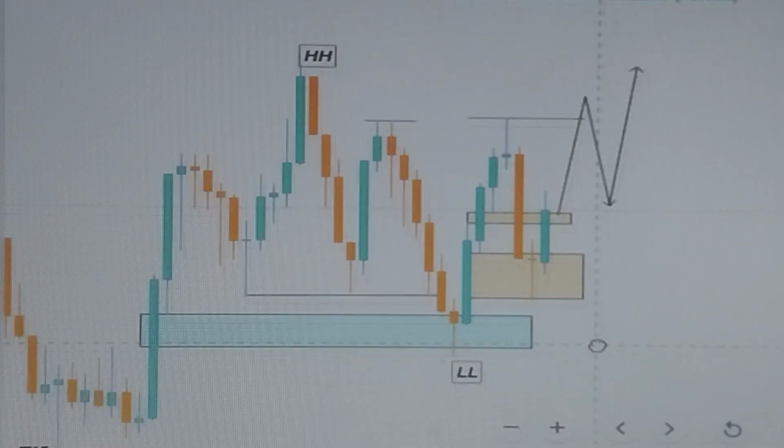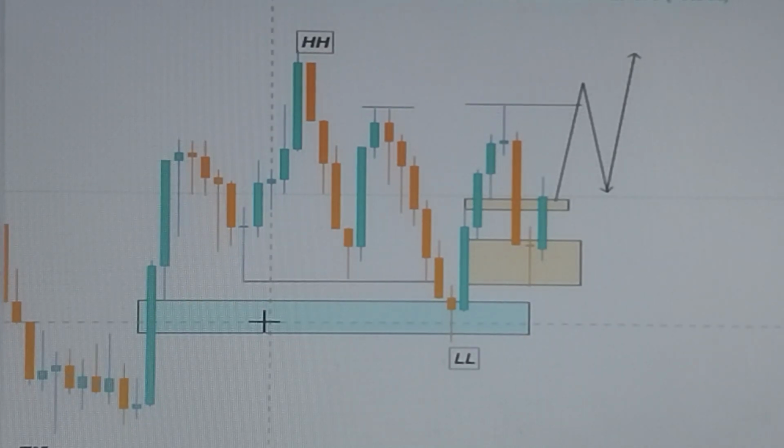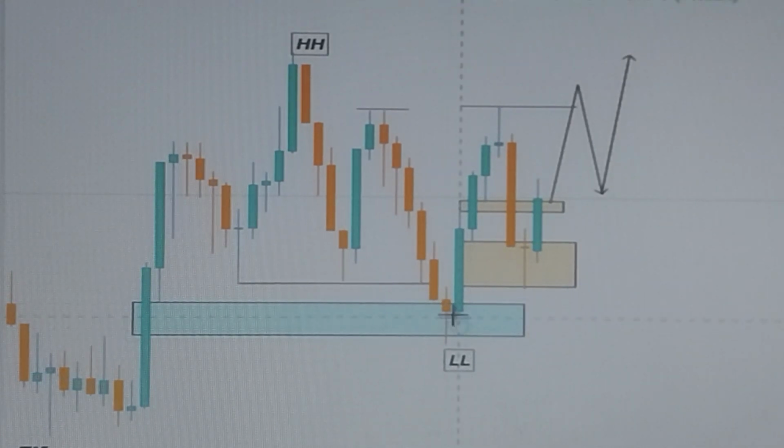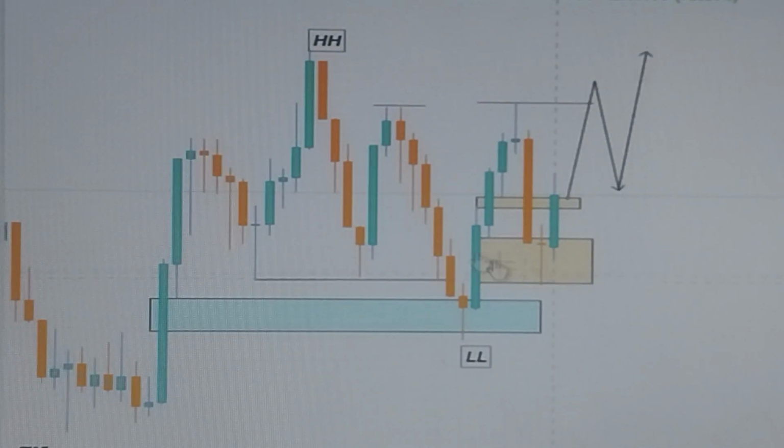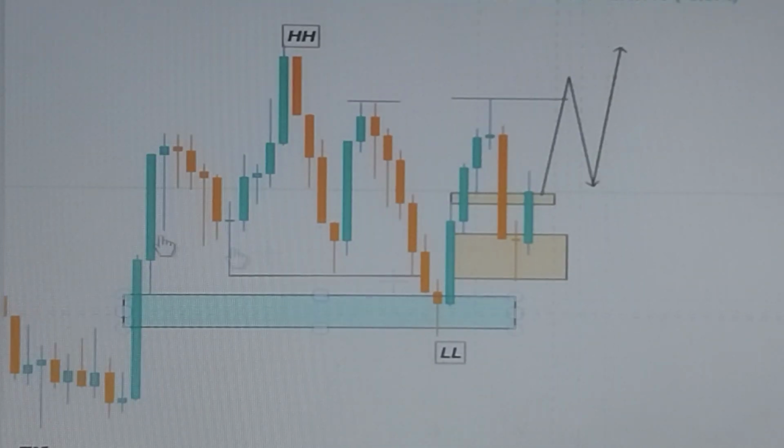Each time the market comes against the liquidity, you can find an efficiency down there. The market always makes sure that when it pulls back up, it has to fill an efficiency that is below the liquidity. You understand? Most of the time when the market comes for the liquidity, it has to fill the efficiency.